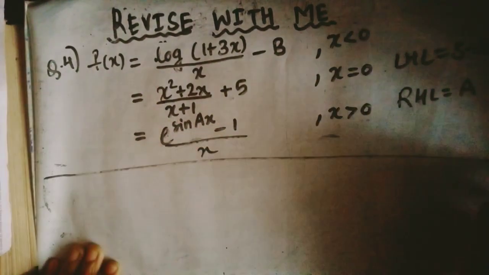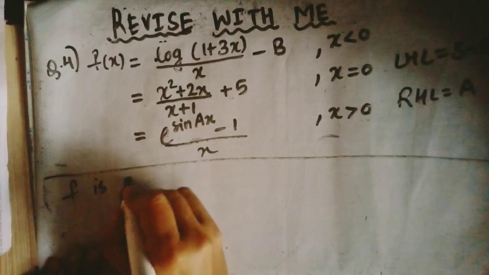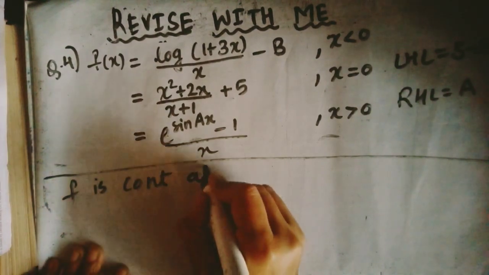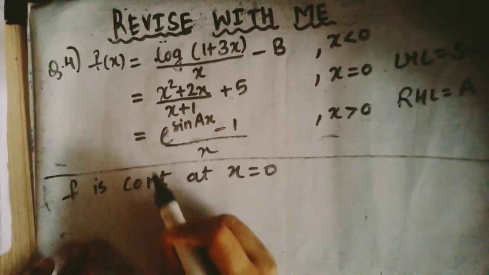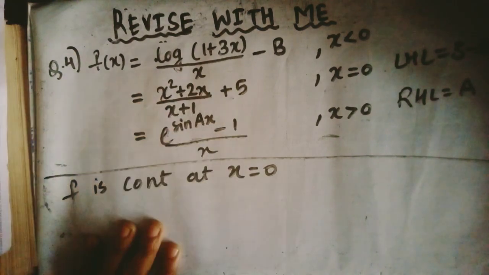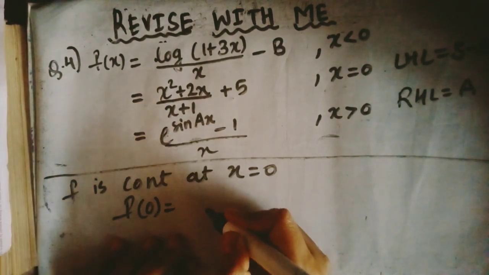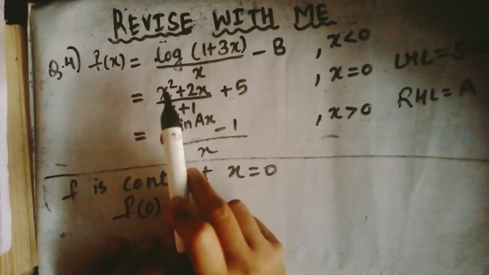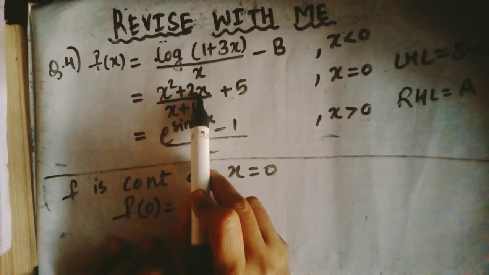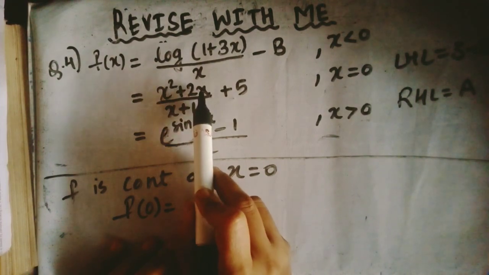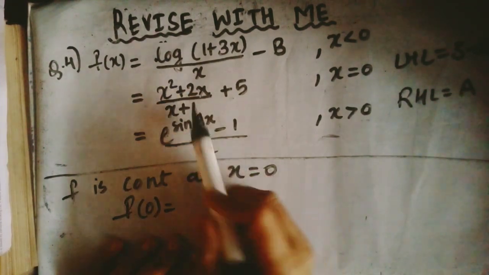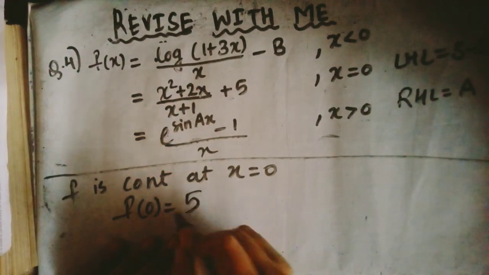Now the function is given continuous at x equal to 0, but here f of 0 is not given, that we have to find. So f of 0, this term directly becomes 0 when we put x as 0. So f of 0 is 5.